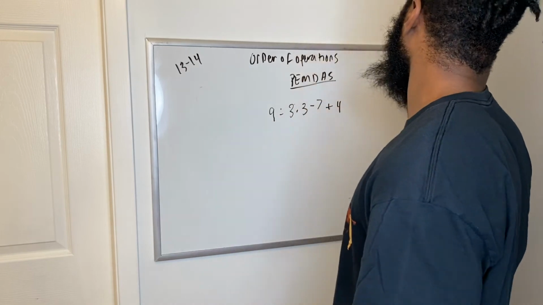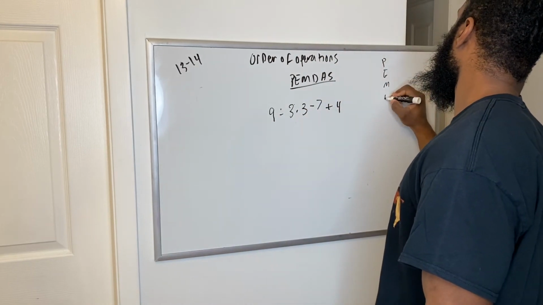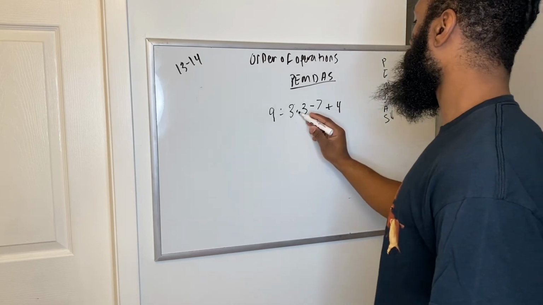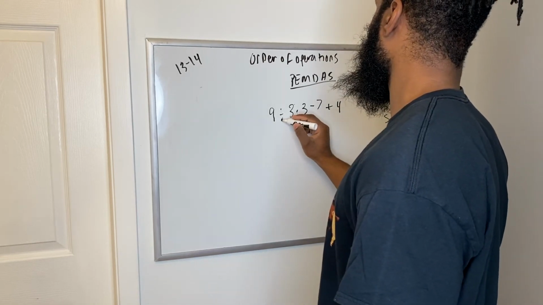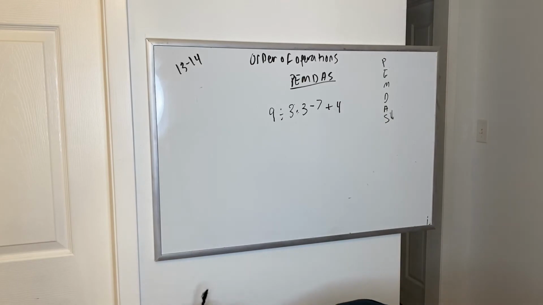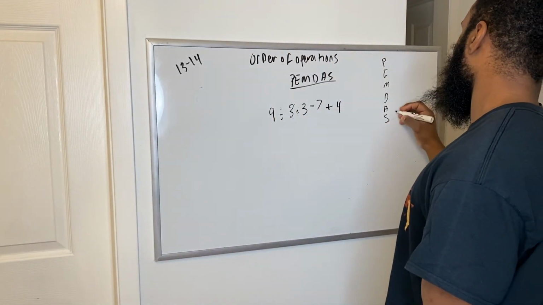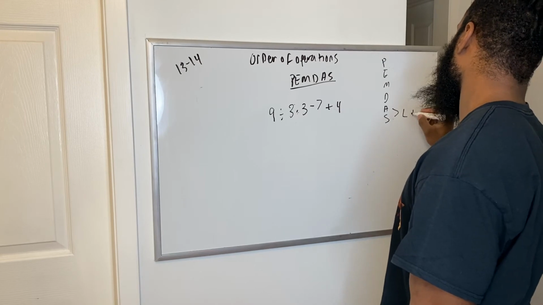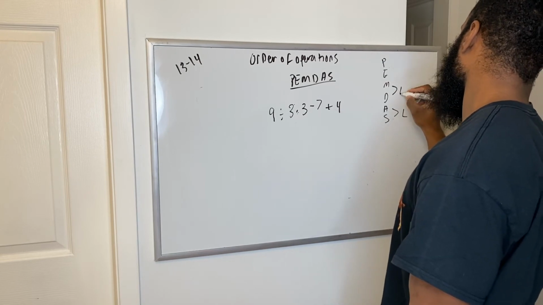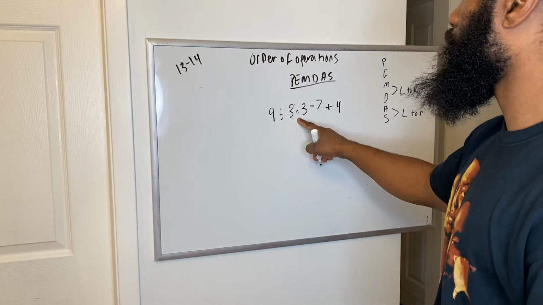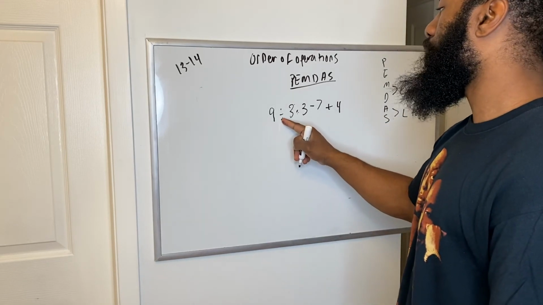So I have my PEMDAS. I see that multiplication is here. We got division, multiplication, subtraction, addition. When I have addition and subtraction on the same side, go from left to right. Multiplication and division also go from left to right. Even though I have division and multiplication, the operation on the left is going to go first.